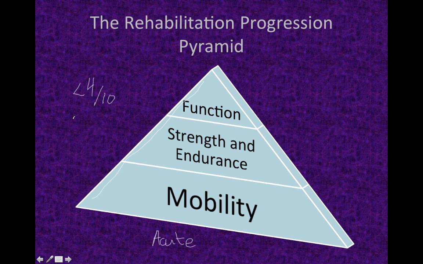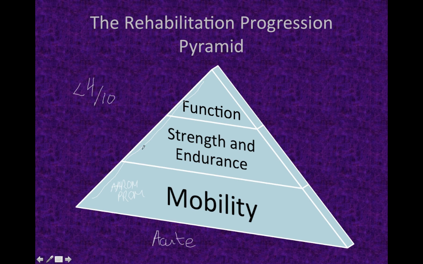So here we have our big base of the pyramid, mobility. Here we're talking about range of motion, both active, assisted, and passive range of motion.